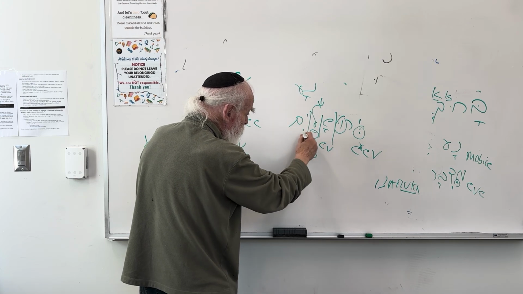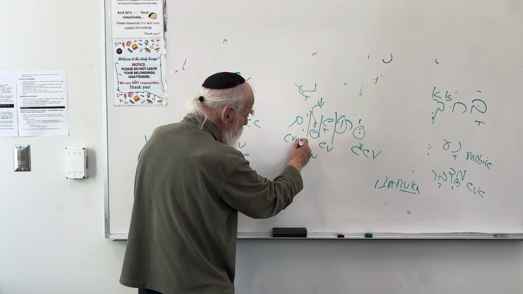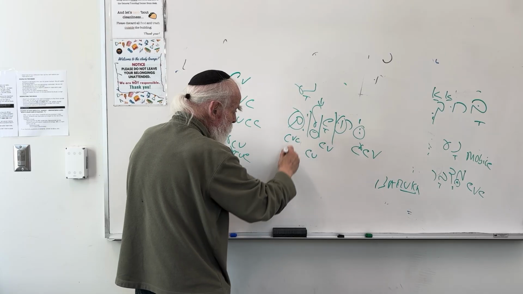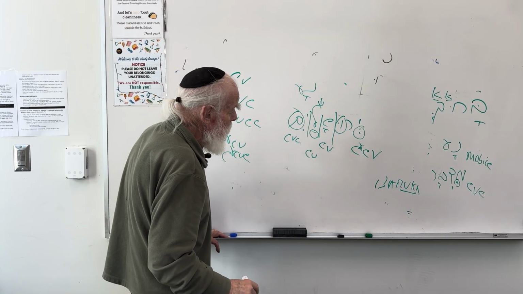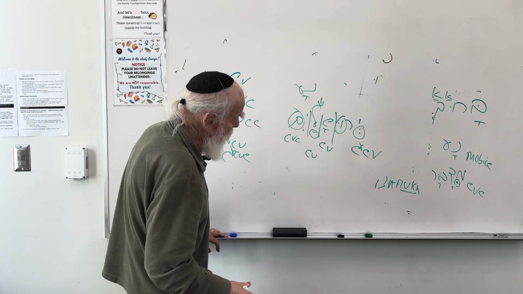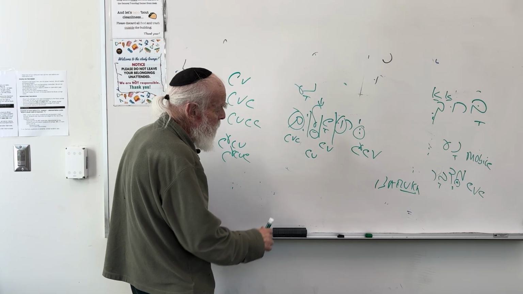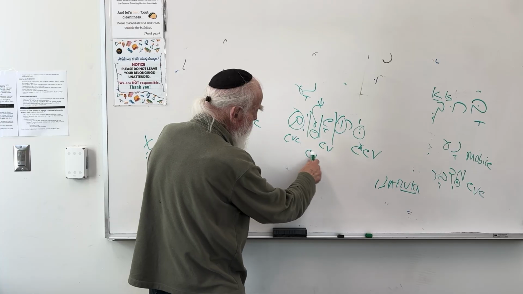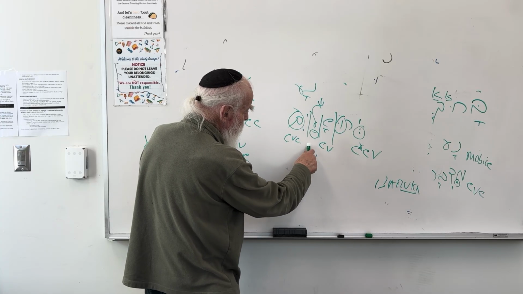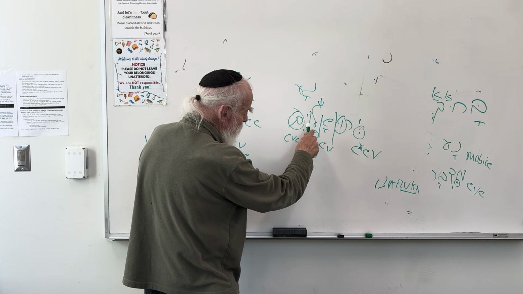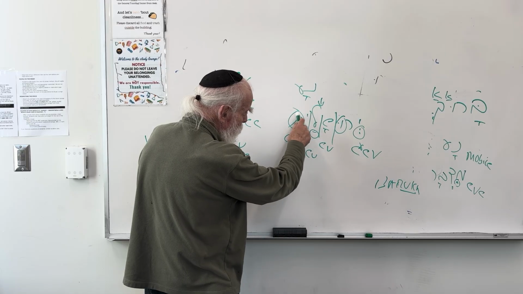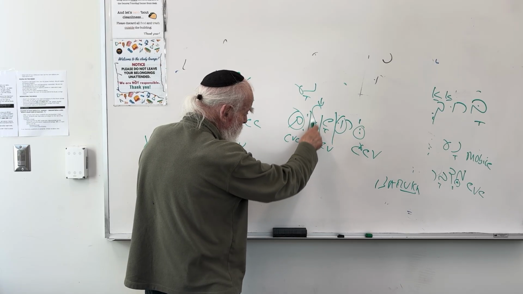And the last syllable is yud, hirik, mem, final mem letter, notice how it's written. Closed syllable for a short vowel is regular. So Yerushalayim has one syllable, two, three, four syllables. The accent is not the last syllable. Second to last, short vowel open is irregular, gets accented.